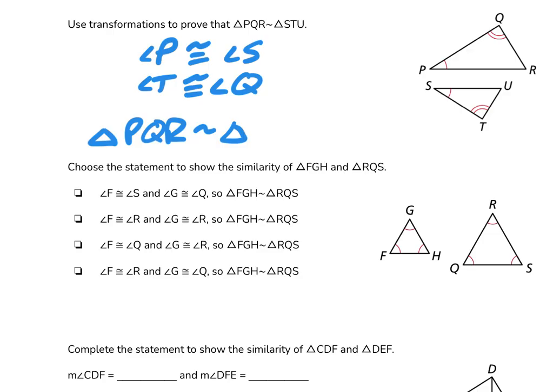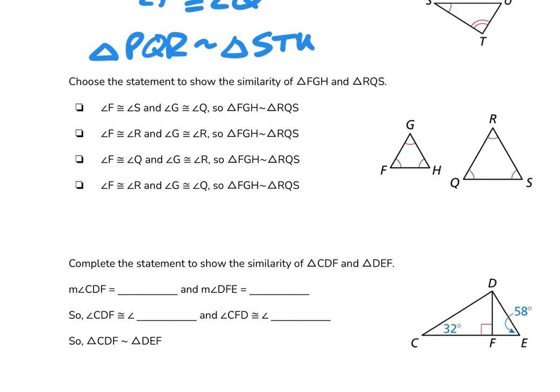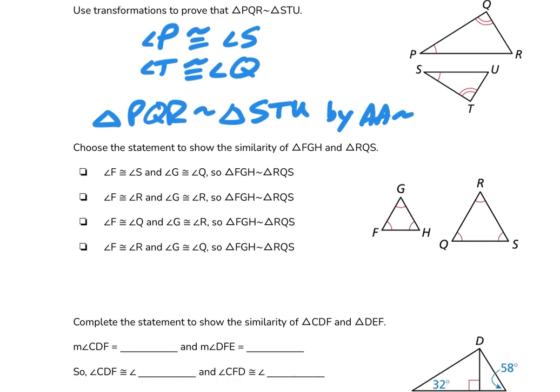S. Q. Corey, what's Q going to match with? T. Good. And then we only got one left over, right? R's got to match with U. Order matters, though. We can't just put that second triangle in any order that we want to. And I should say something like by angle similarity again here. I forgot to put that.